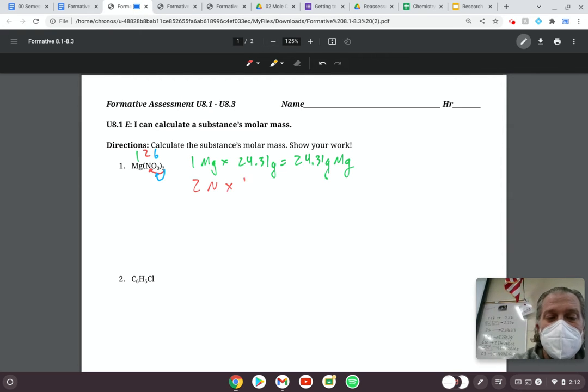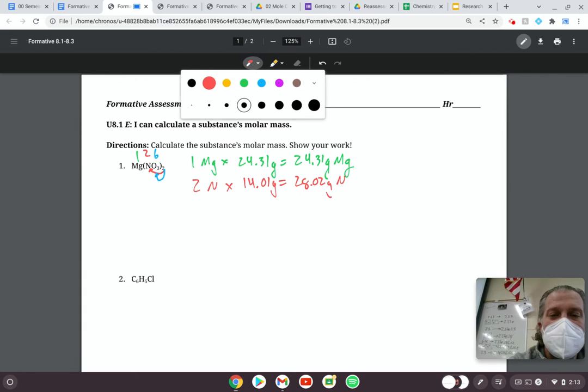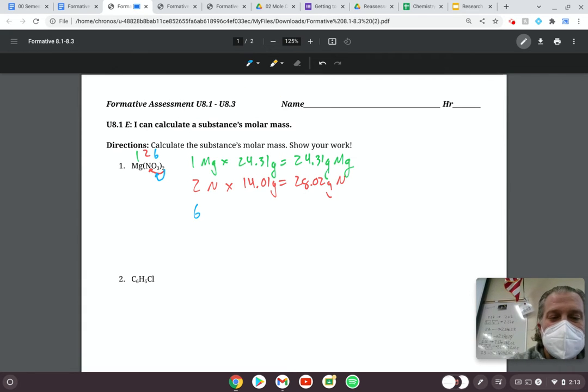2 nitrogens times the mass of nitrogen, which is 14.01, gives me 28.02 grams of nitrogen. And then lastly, 6 oxygens times 16 gives me, I believe that's 96 grams of oxygen.